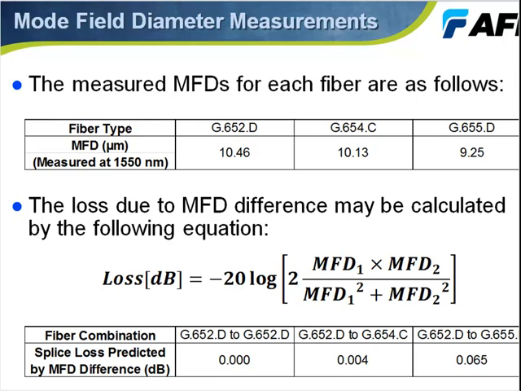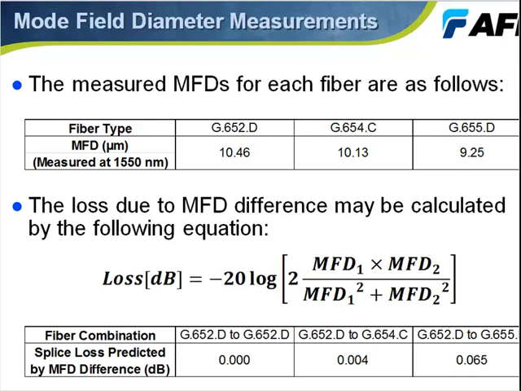So if we just use the classical equations for calculating loss due to the MFD difference, when we're splicing the 652 to the 652, obviously the difference in mode field diameter really doesn't exist. So we would expect little to no contribution of mode field diameter difference. In this particular case, with this G652 to G654 fiber, there's a small but really negligible loss due to mode field diameter difference.